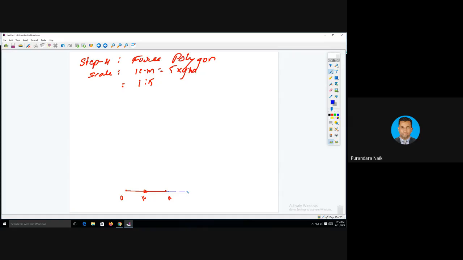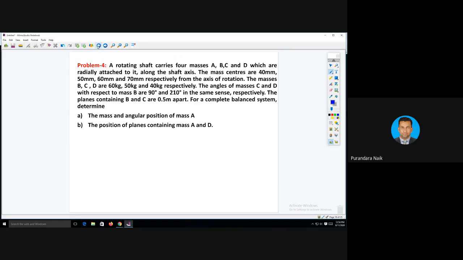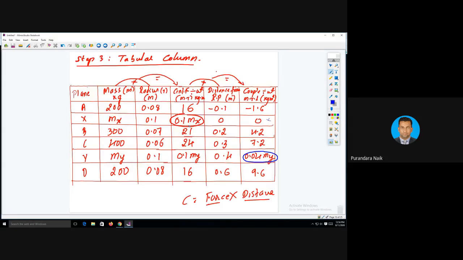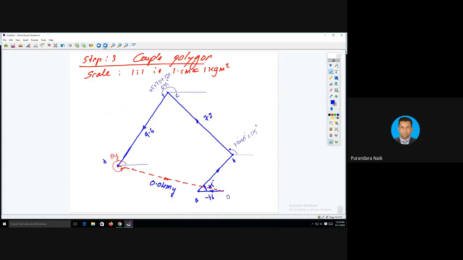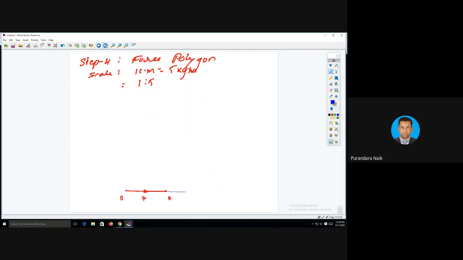Next is B. Mass B has a centrifugal force magnitude of 21. 21 divided by 5 means 4.2 centimeter. The angle is 45 degrees. So 4.2 centimeter at 45 degrees is point B. The distance is 21. Next, again a reference line.